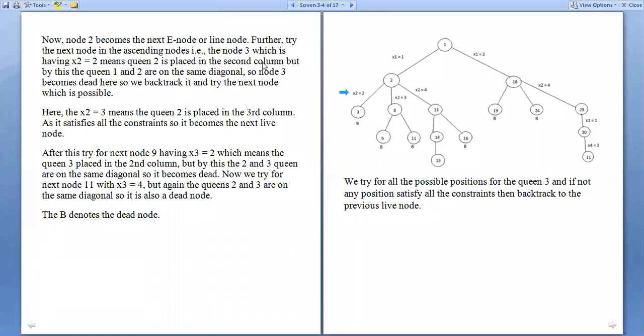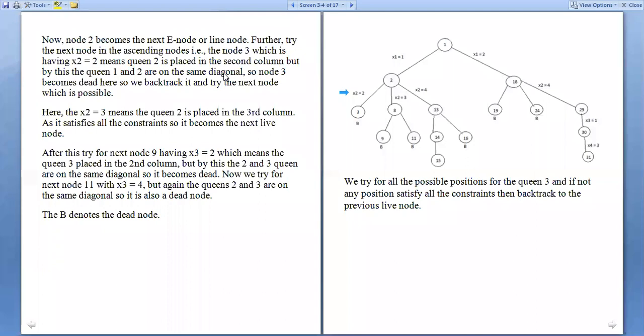But by this, queens 1 and 2 are on the same diagonal. When you place queen 1 in the first row, first column, and queen 2 in the second row, second column, there is a diagonal attack, so queen 2 and queen 1 attack each other since they are placed diagonally.